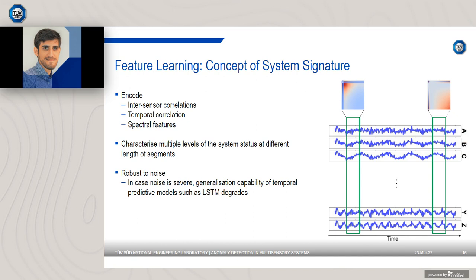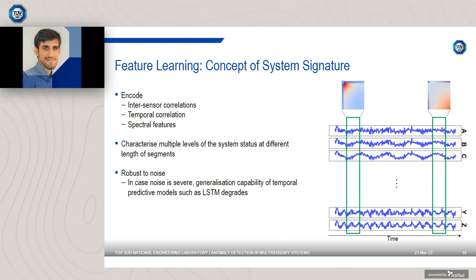If you look at the graph here, we have a signature matrix on the left-hand side. We see the time window, and the signature is different as we go ahead.